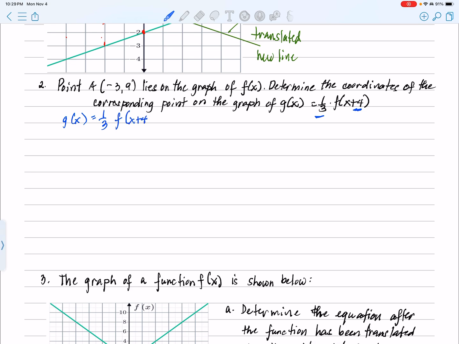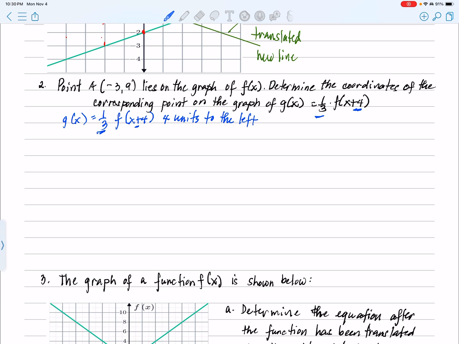The plus 4 inside of the function indicates a horizontal translation of 4 units to the left. I'm gonna write this: 4 units to the left. Well, the 1/3 outside, what does it indicate?